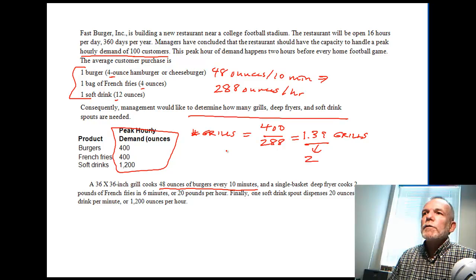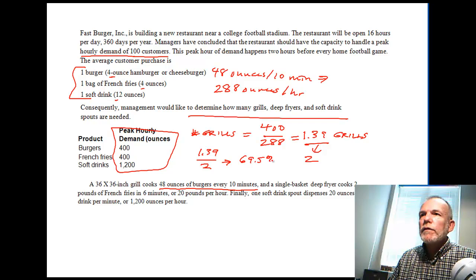Management decides to purchase 2 grills. What will the utilization be then of those 2 grills? Well, utilization is resources used over resources available. Used would be 1.39, available would be 2, and that would give us about a 69.5% utilization.